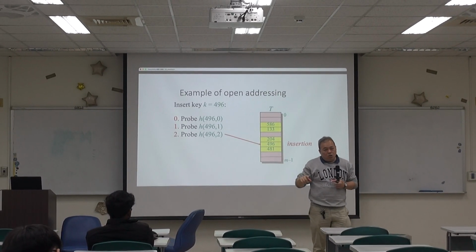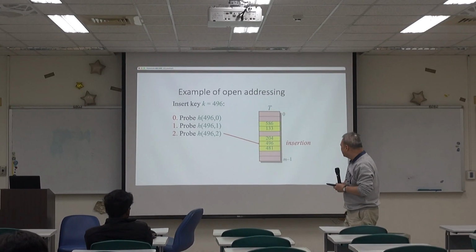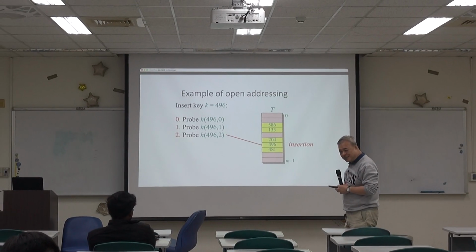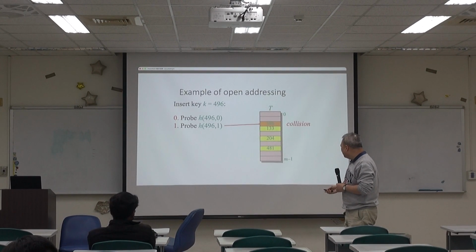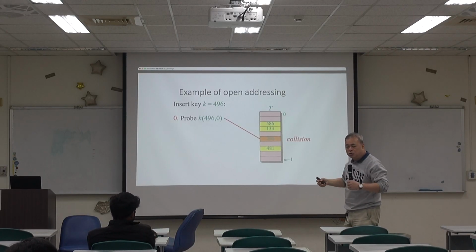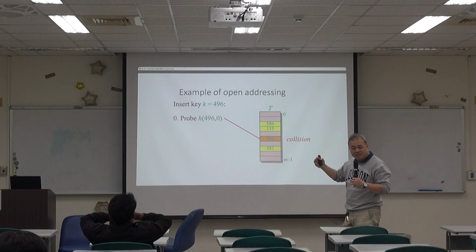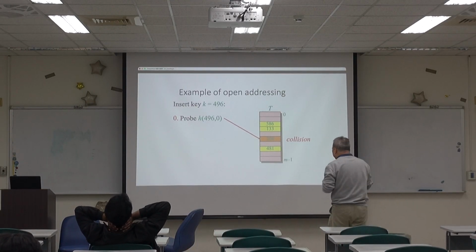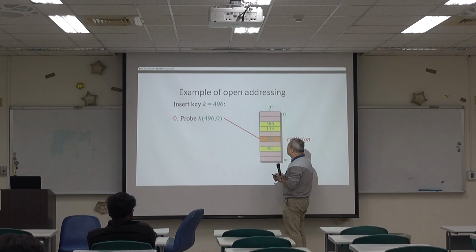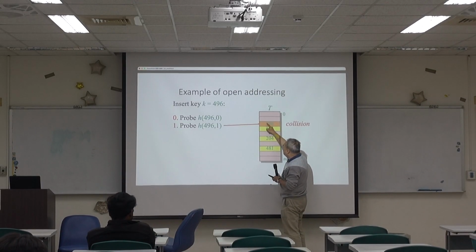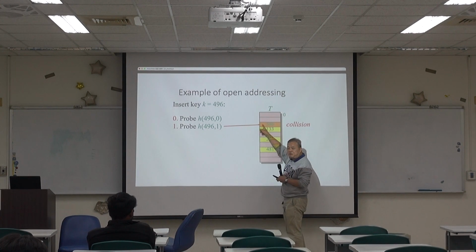Now, when you want to find the record 496, it's going to go through the same process, right? So first, oh, there's a collision, and then the next one. Remember, this record has already been deleted.